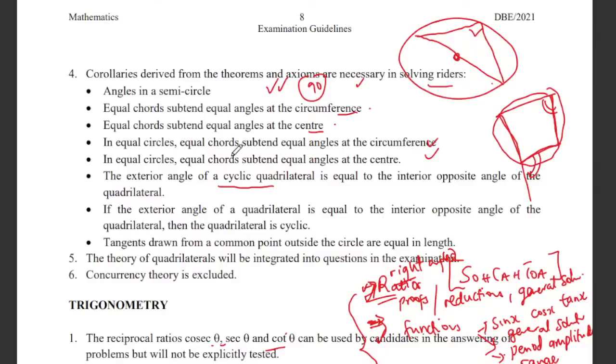Then we need to know that the opposite angles are supplementary, so that the exterior angle of a cyclic quadrilateral is equal to the interior opposite angle. That's what we said. But this can come under the proofs, where they ask you to prove that the shape is a cyclic quadrilateral. Remember, we have 3 ways of doing this. Number one, you can use the exterior property. You can use the opposite angles being supplementary.